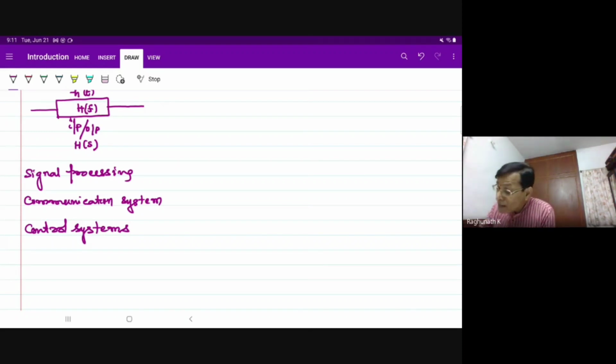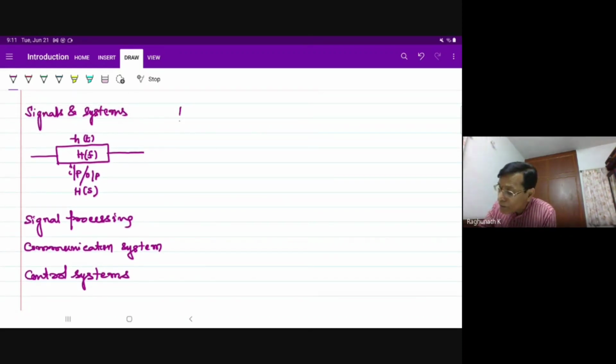So, signals and systems actually is the basis for these subjects, where only the mathematical representation of the system is given. I will keep it aside now.